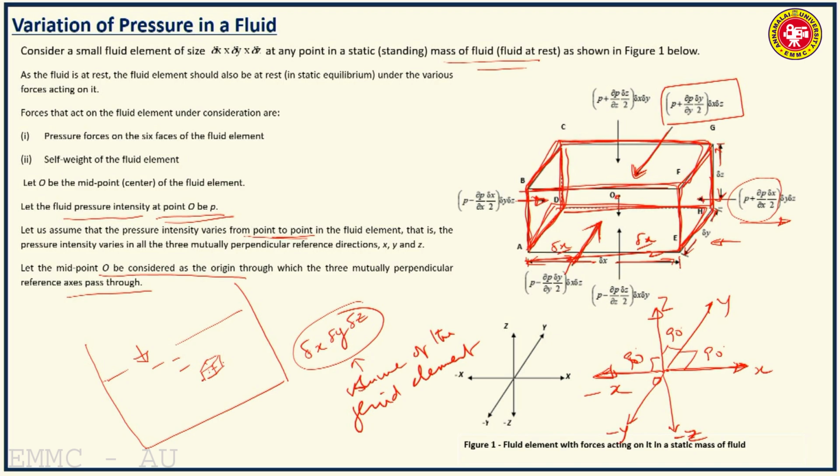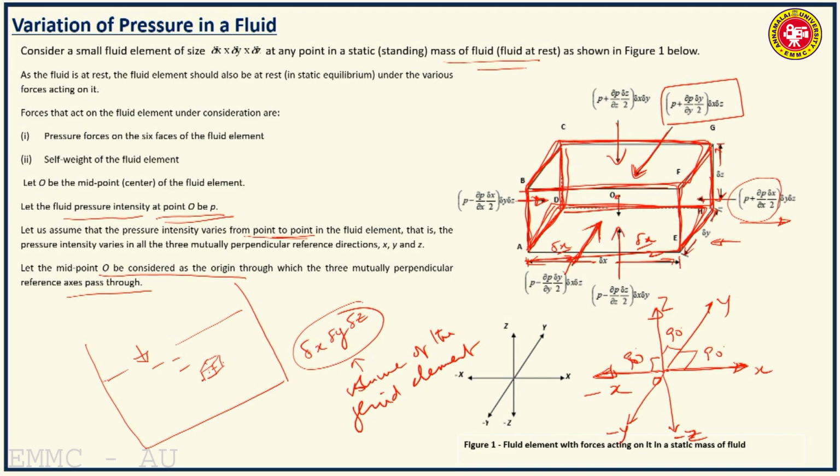What is the pressure force acting normal to the top face BCGF, in what direction? This is the negative Z direction. Then the pressure force acting normal to the bottom face ADHE, in what direction? In the positive Z direction.